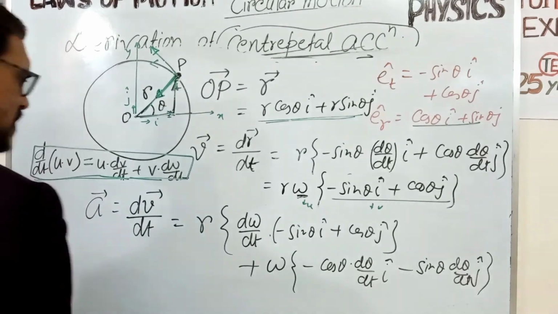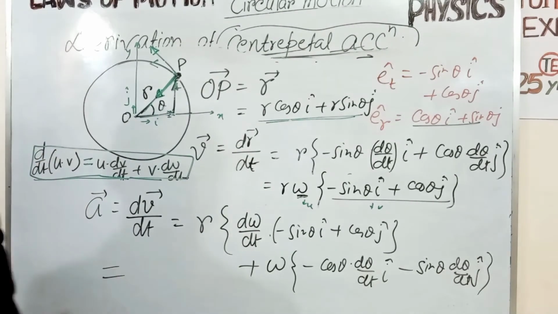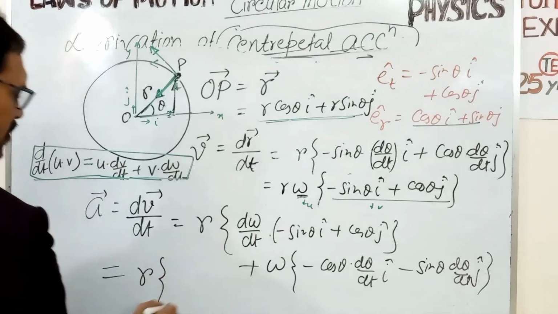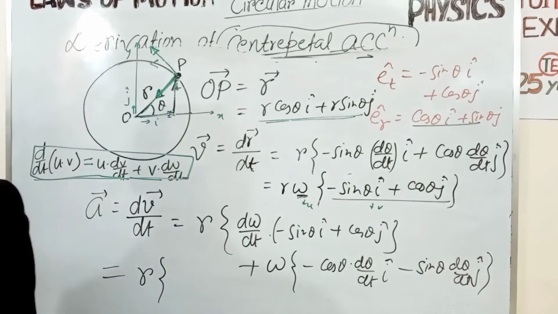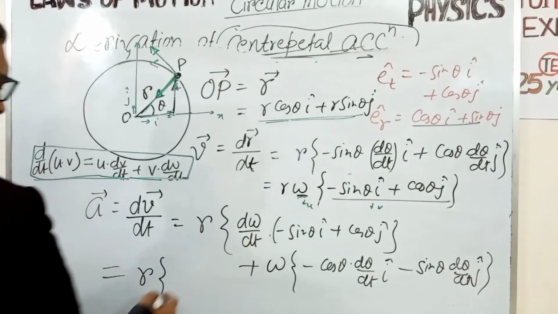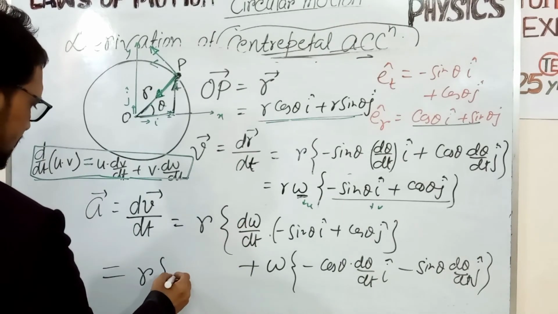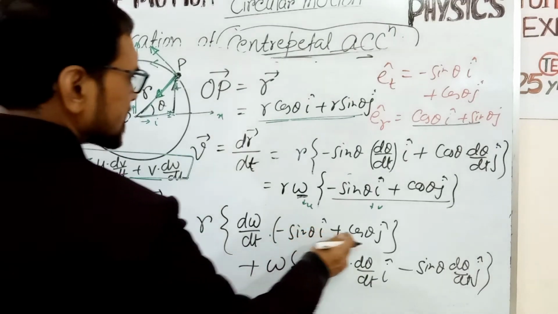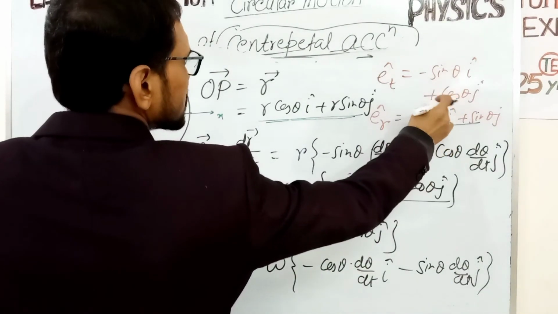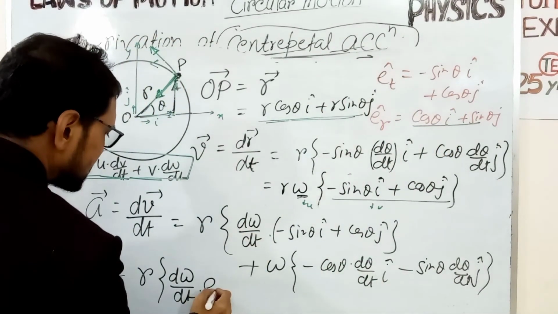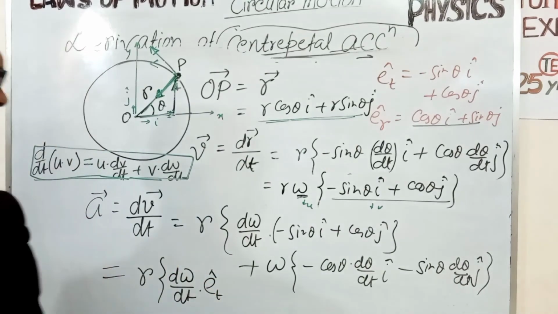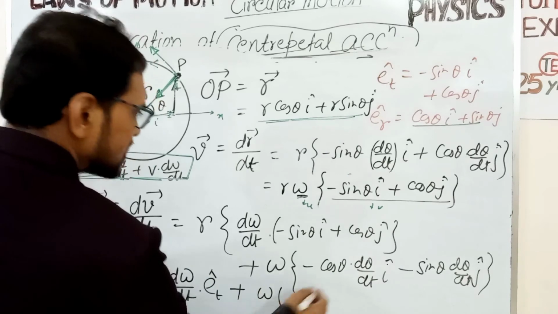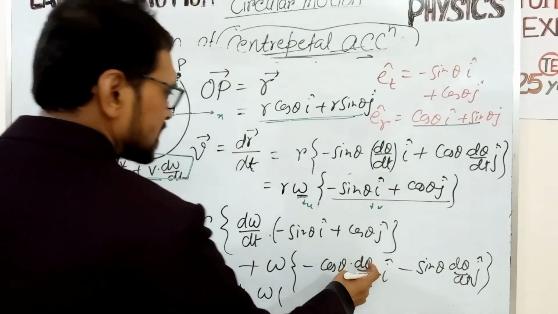Now this is equal to r into d omega by dt into minus sin theta i plus cos theta j, which equals et, the unit vector of tangential velocity, plus omega into d theta by dt, which is omega.